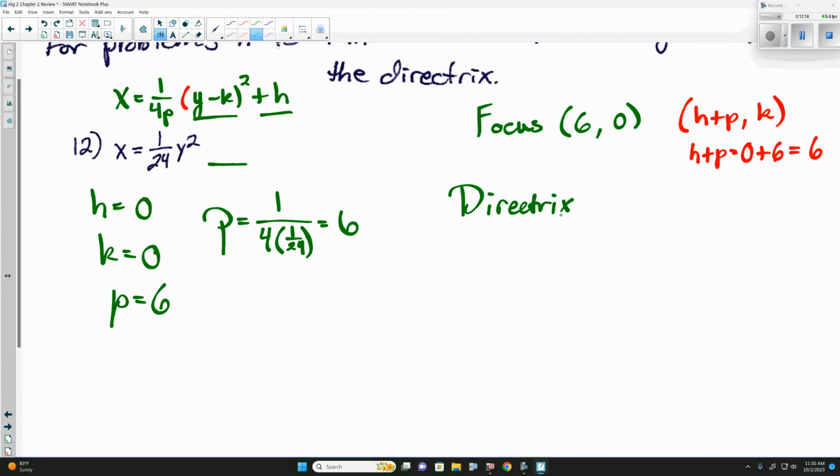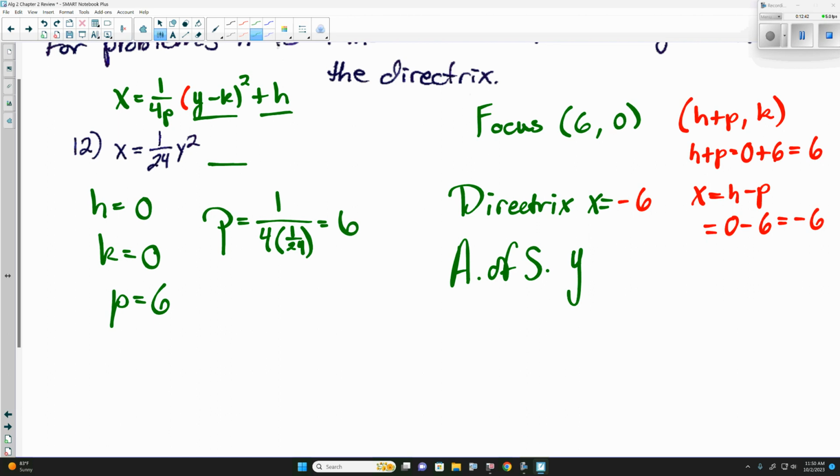Our directrix is defined by the equation x equals h minus p. Well, h is 0, p is still 6, and 0 minus 6 is negative 6. And then lastly, our axis of symmetry for this problem here is y equals k.